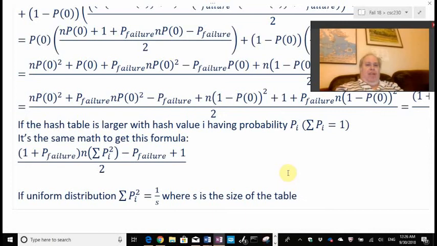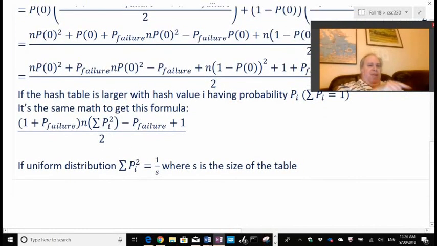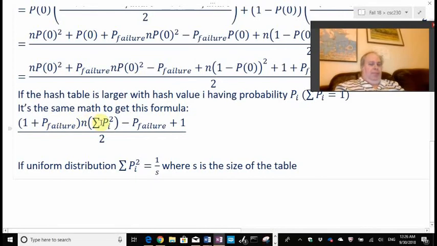We'll assume your hashing program is correct, and it doesn't have a bug, and every key hashes to something. So it's the same math to get this formula: 1 plus p of failure, n, the sum of p_i squared, minus p of failure, plus 1.